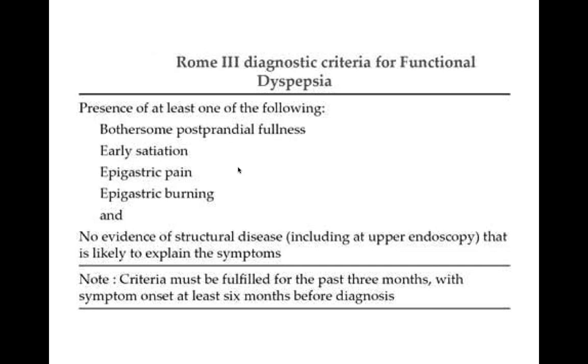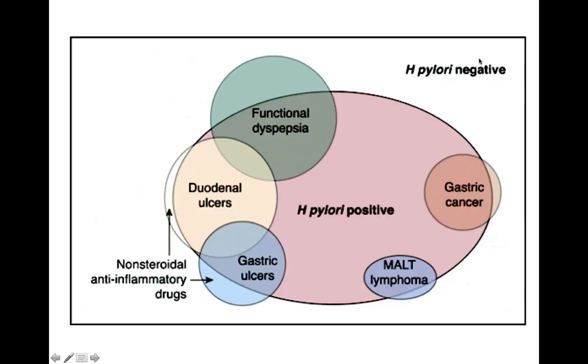And there are mainly two tests for H. pylori. We have the stool antigen test and the urea breath test. We'll go for the stool antigen test because it is more accurate. Okay. So these are the various causes of dyspepsia, as you can see, and the main cause is H. pylori. Okay.